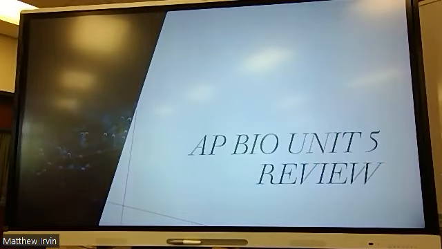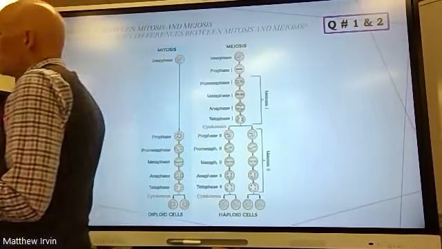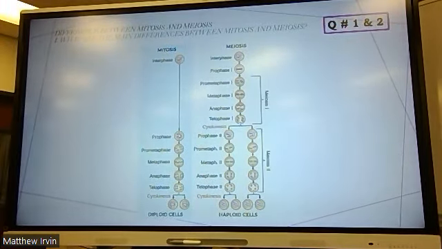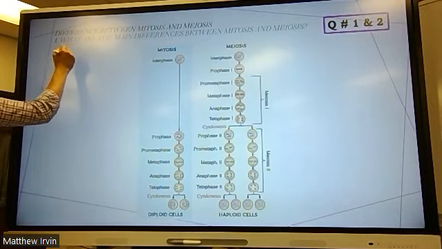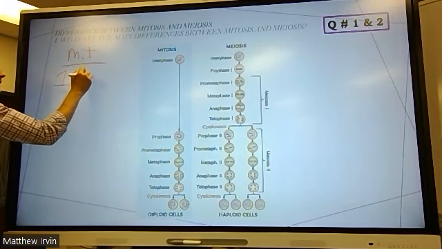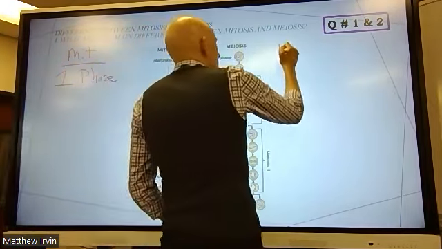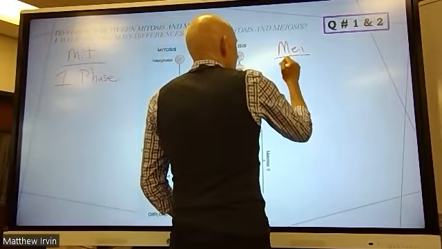So, all right, we're going to start off talking about mitosis and meiosis and the main differences between these. Mitosis, we hit on yesterday, but our main differences: mitosis is going to be one phase, where meiosis is going to be two phases.